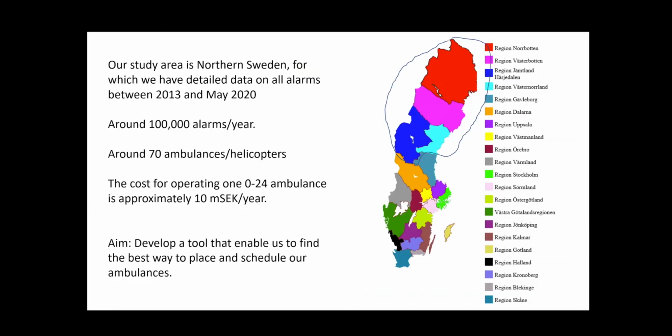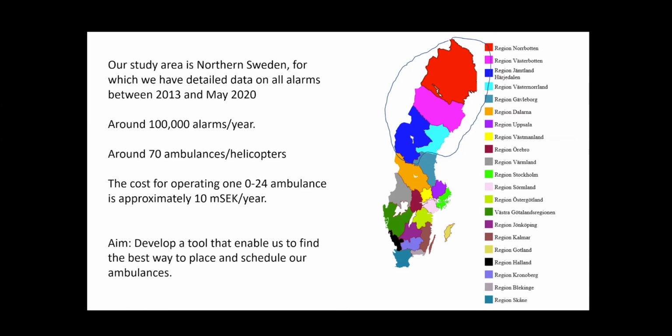Our study area is northern Sweden. As I mentioned, we have data for almost 10 years. We have roughly 100 alarms per year in this area, and around 70 ambulances and helicopters.